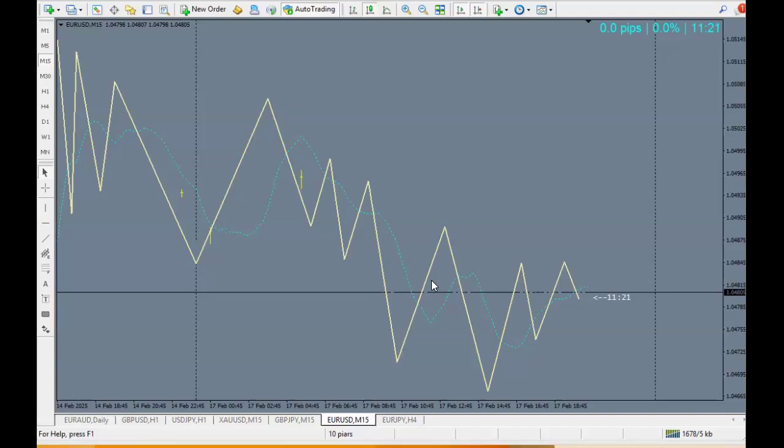Okay, Aussie USD. Let's look for Aussie USD.